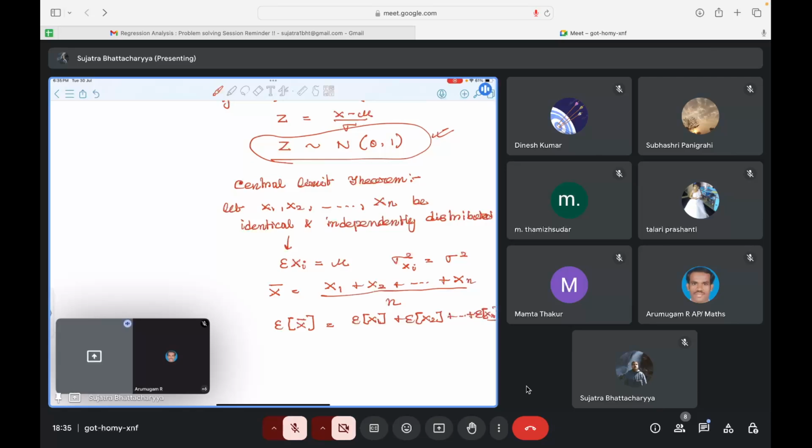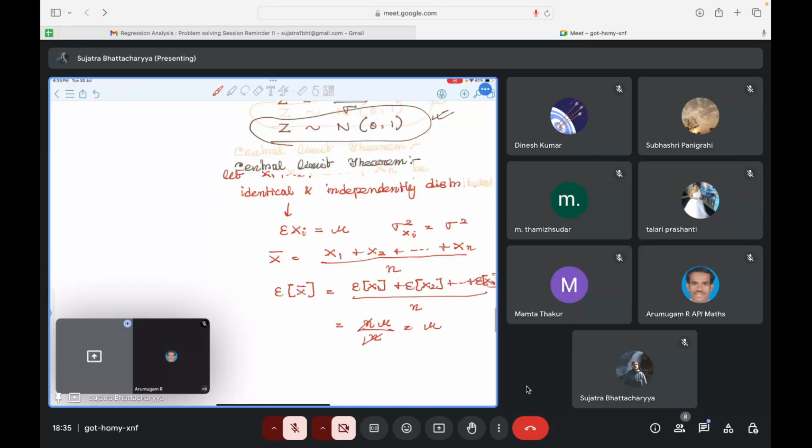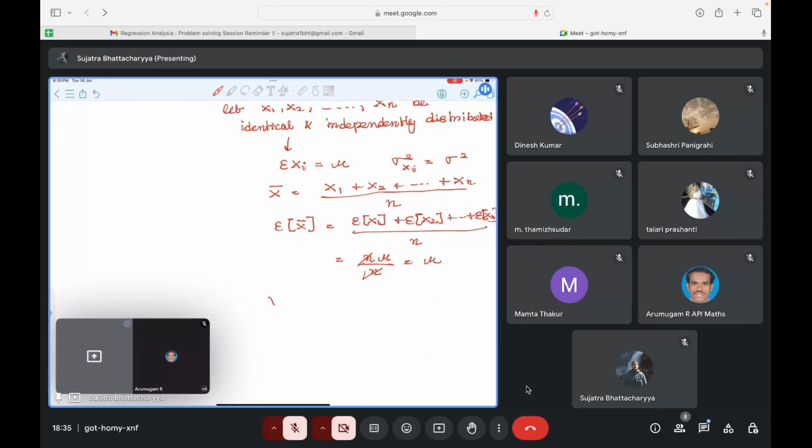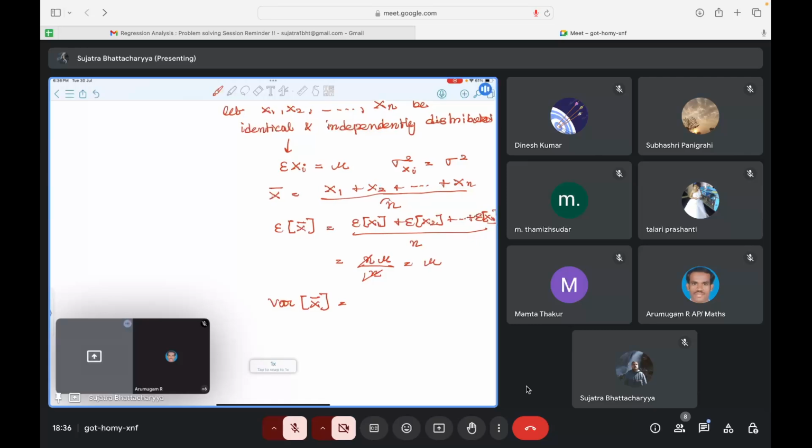And we know that each of them has the same value, that is mu. So it will be n times mu by n. So E of x bar is mu. Similarly, if you now have to do the variance of x bar, as you know that it is a constant quantity, so it becomes 1 by n square. So it will be variance of x1 plus variance of x2 and so on up to variance of xn.